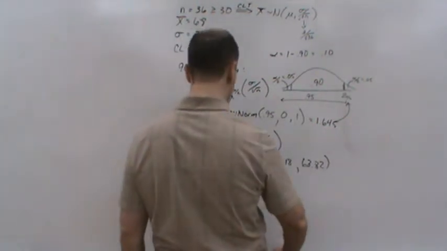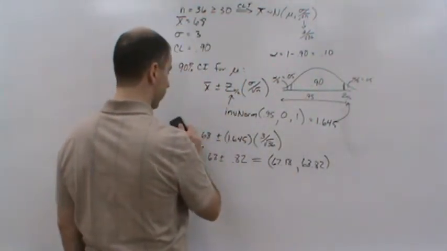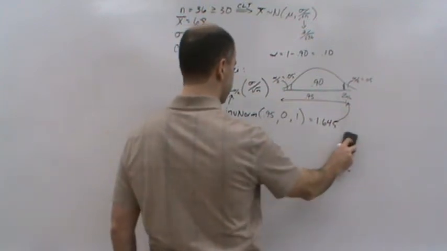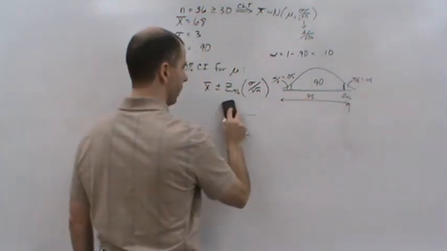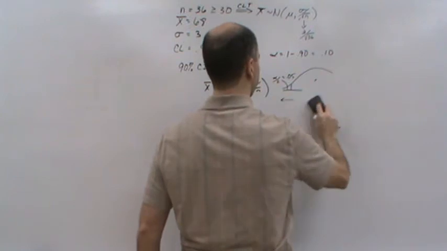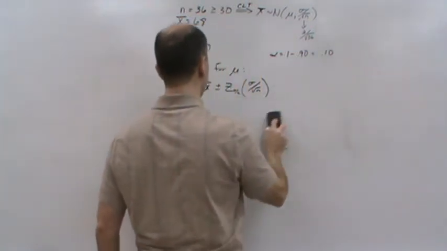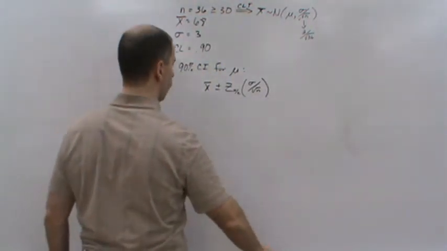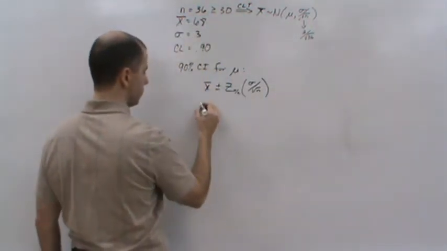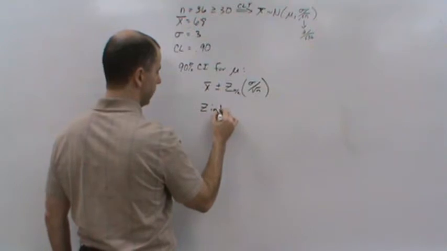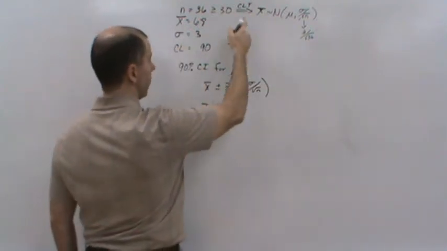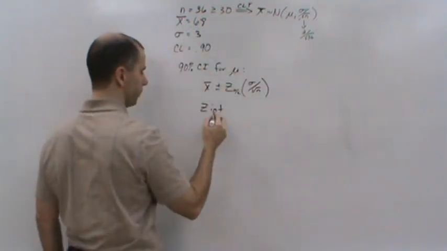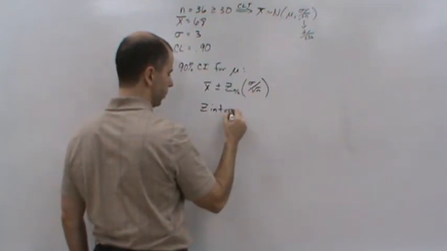So if we use the function on our calculator, then what we could do is just plug in the information to our calculator. Okay. So what we can do is we can use Z interval. Why? Because we know sigma, and we're talking about a confidence interval from mu. So it's going to be Z interval.